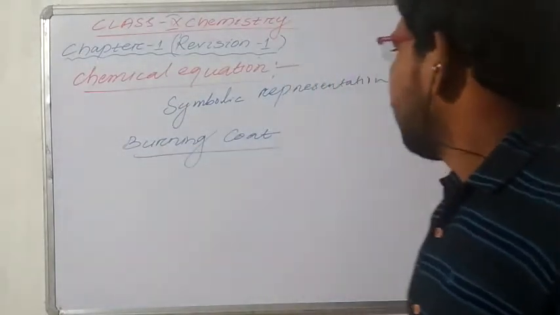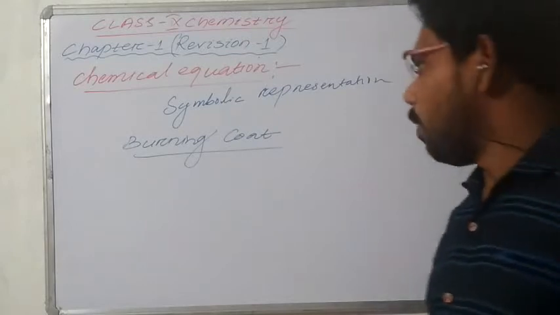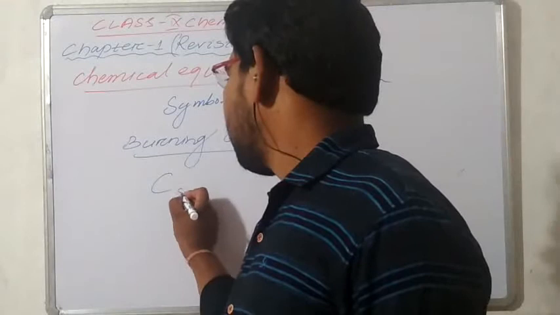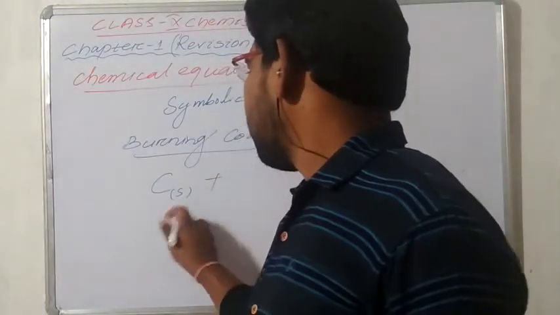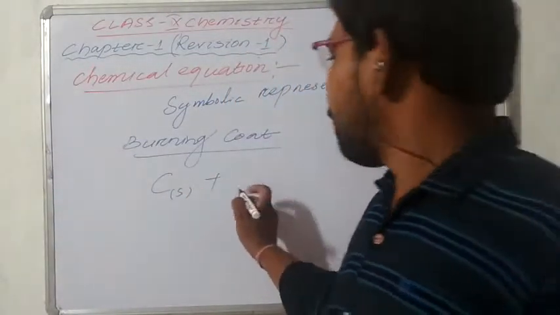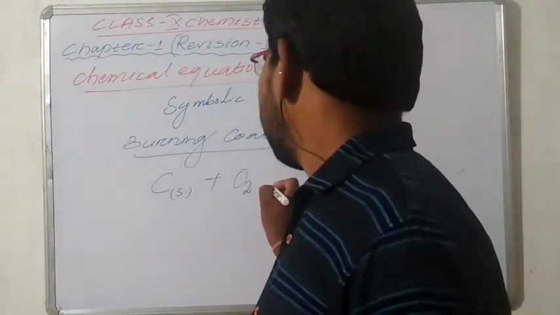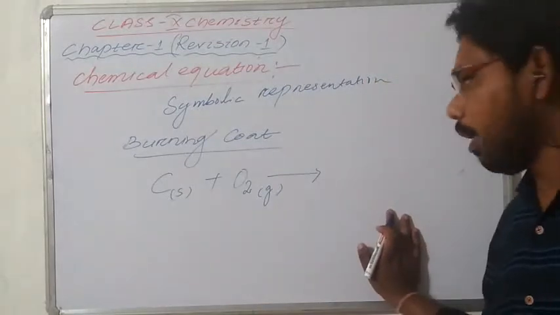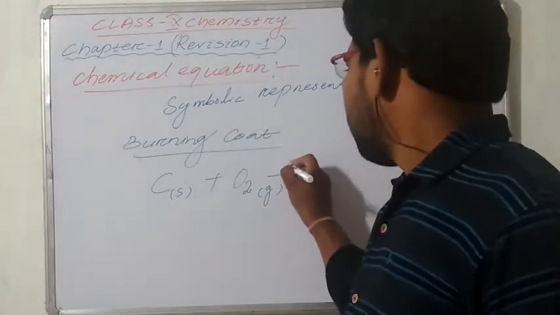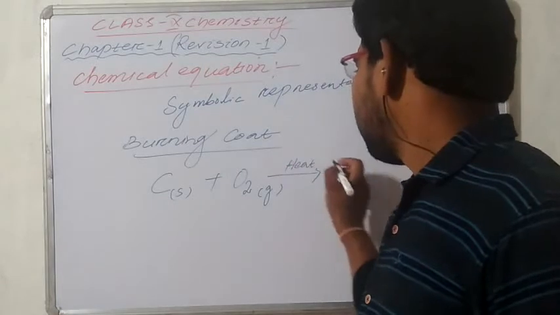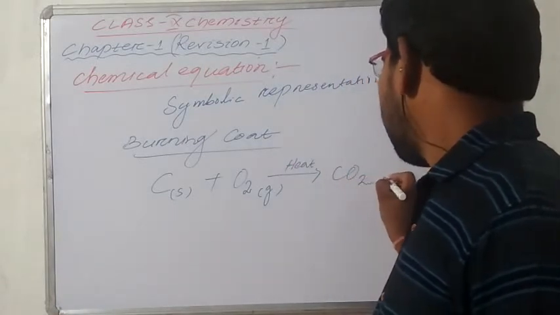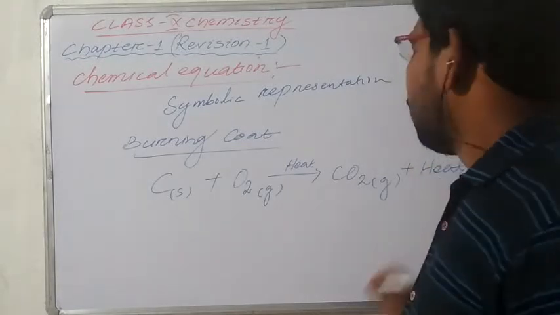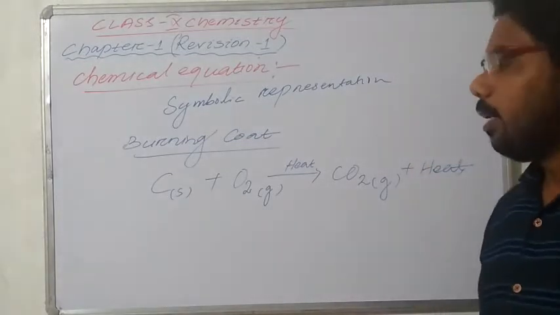How can you write it as a chemical equation? In coal, carbon is present. Its symbol is C. This is a solid substance, and this carbon burns in the presence of oxygen, so we write O2 gas. After the reaction, carbon dioxide gas is produced. We have to heat it or supply heat. Then CO2 gas plus heat energy are also evolved. So it is also a chemical equation.